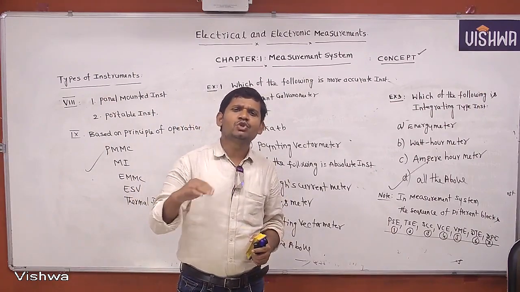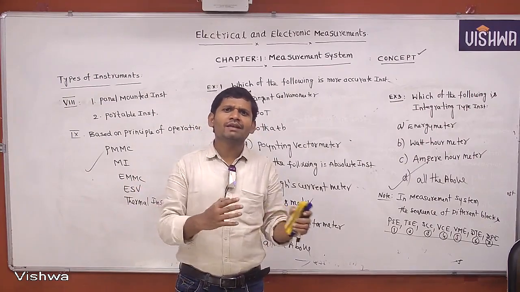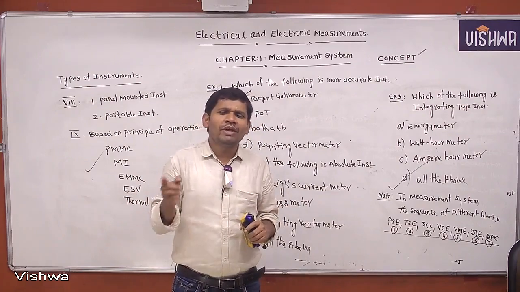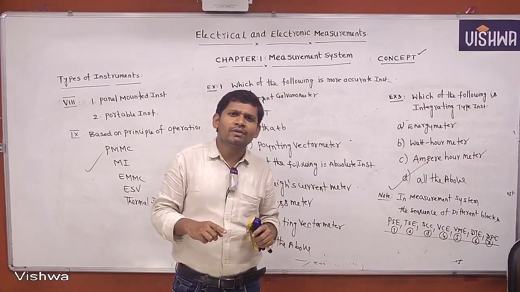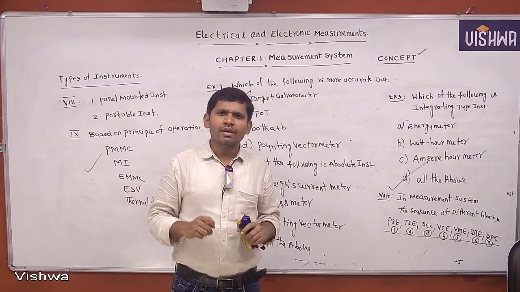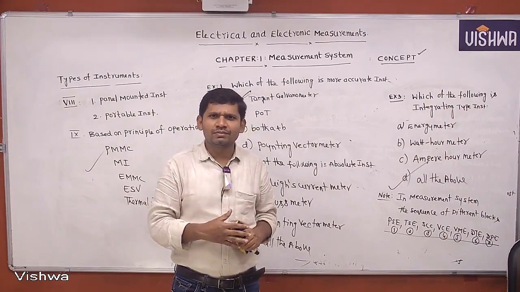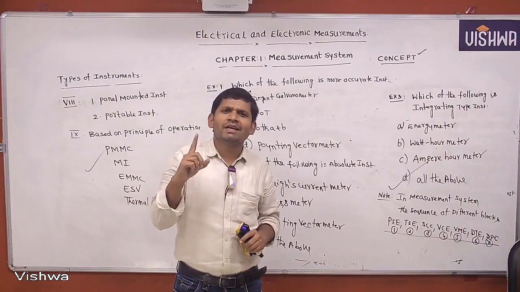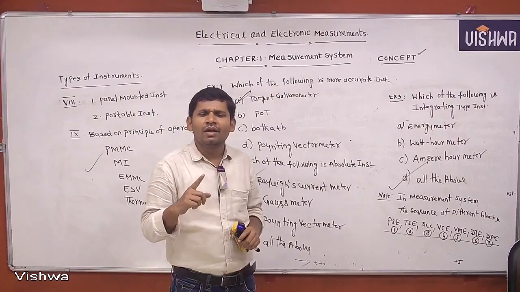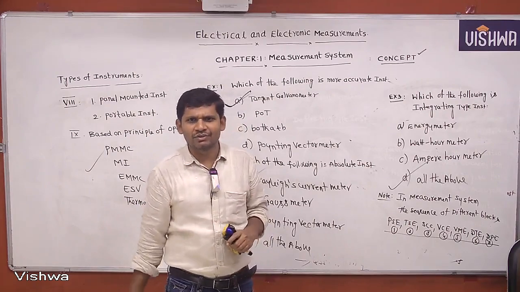To select an instrument for a particular application, first you must know its characteristics. Mainly the instrument characteristics are analyzed in two conditions: one under static condition or slowly time varying condition, the other under dynamic condition.